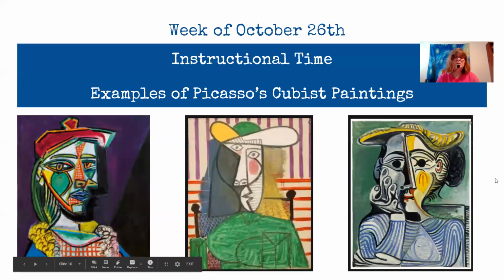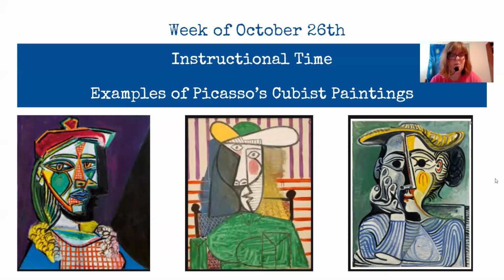Here are some examples of Picasso's Cubist paintings. And a lot of them were of women that he knew, like his mother or his wife. And look at the one on the left, how one eye is larger than the other. Her face looks like it's turned a little bit, but then we see the nostrils are straight on.